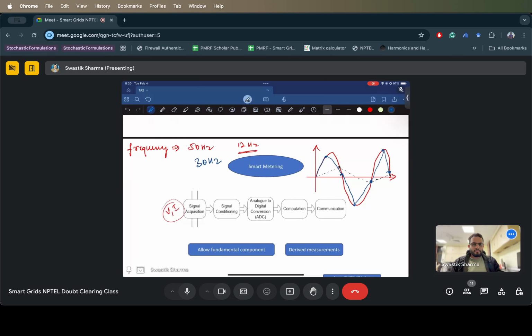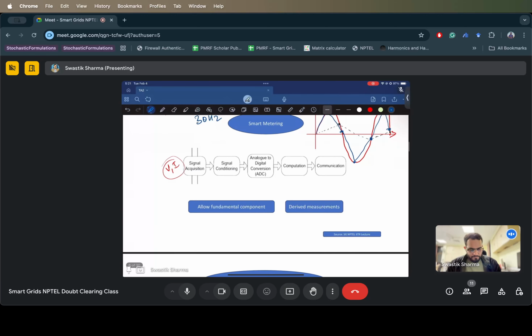So this means that the conditioning is directly dependent on how quickly you sample your signals, right? If you want to do a steady state analysis, you can go for a low sampling rate. But if you want to do real time analysis, in which you want to do transient or dynamic analysis as well, you need to sample at a higher level.